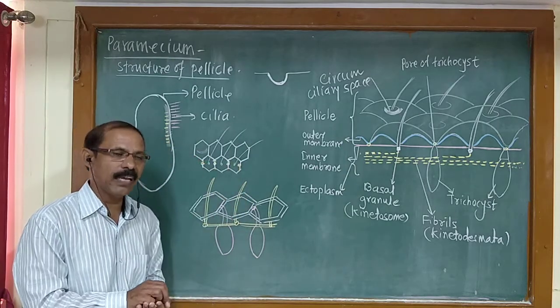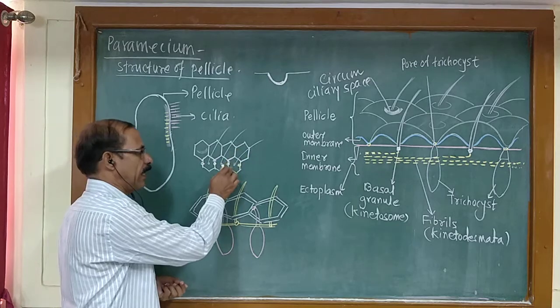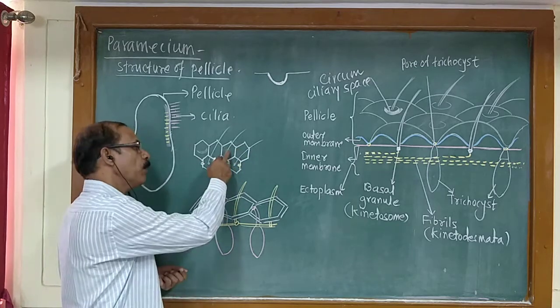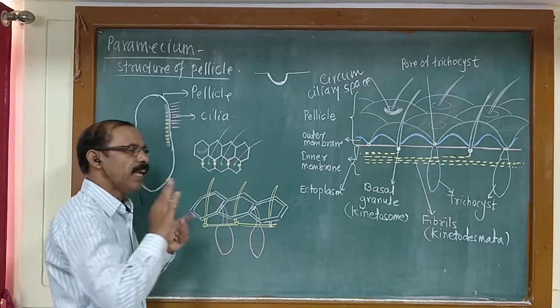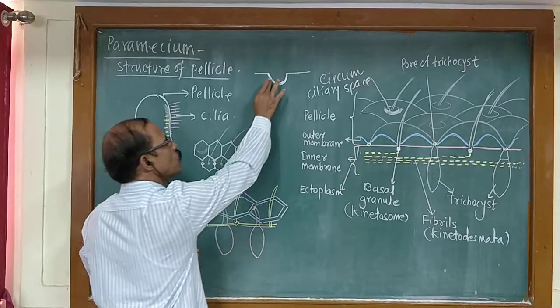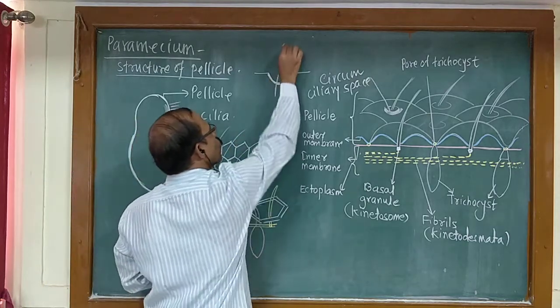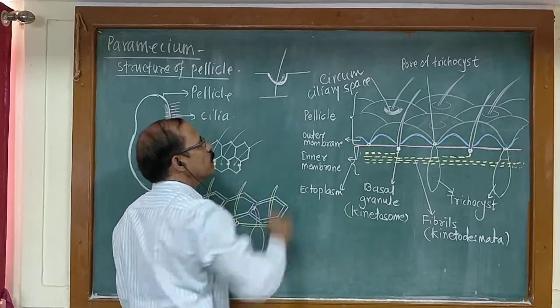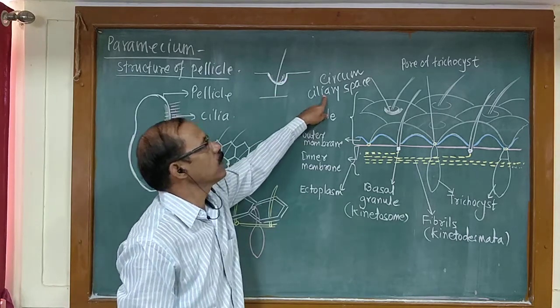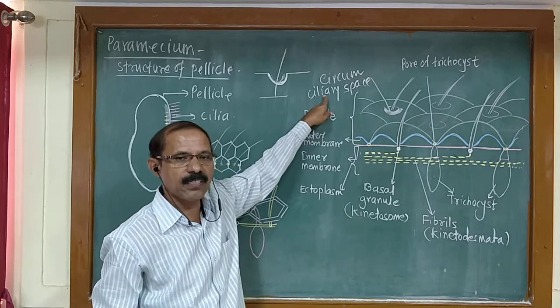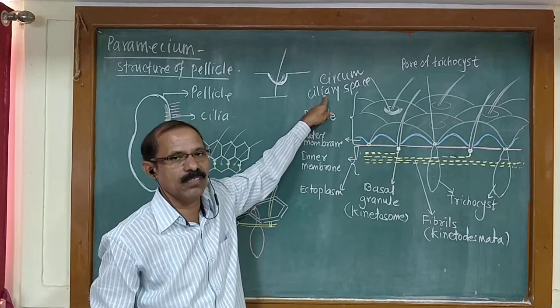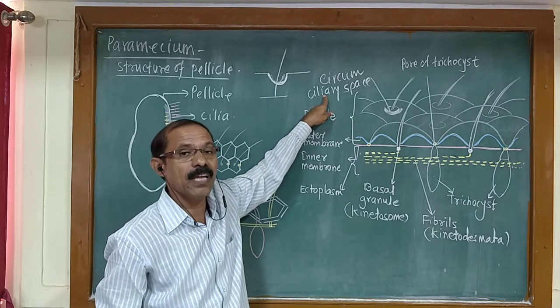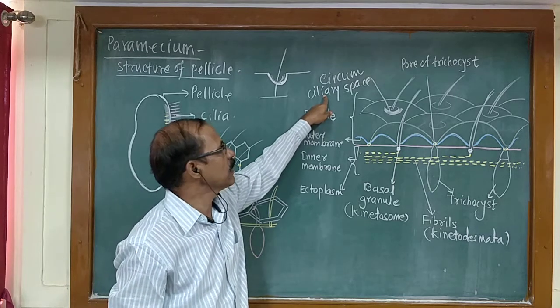Each hexagonal area is also called a pellicular area. Each pellicular area shows a central depression through which the cilium emerges out, and that depression is called the circumciliary space, meaning the space around the cilium.